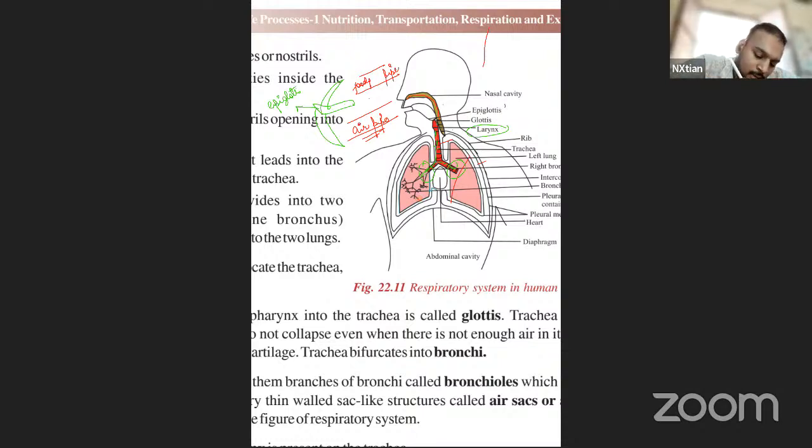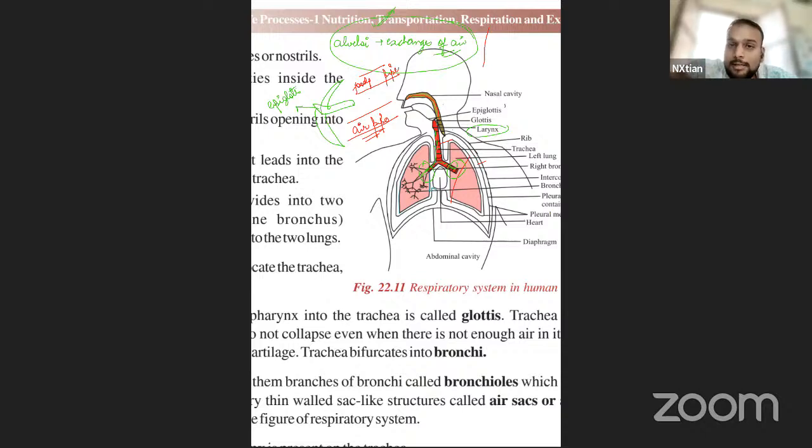And I want to write one thing: in the alveoli, exchange of gases occurs. We can ask you where the exchange of gases occurs. So exchange of gases occurs in the alveoli. You can write it down in your book.